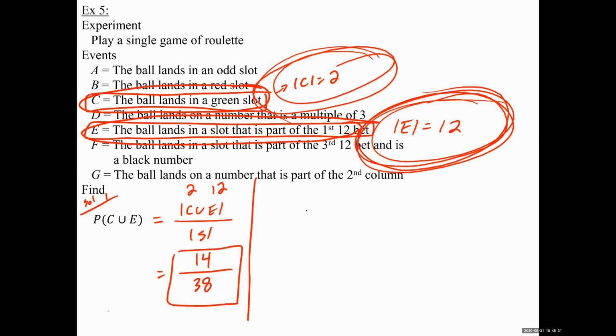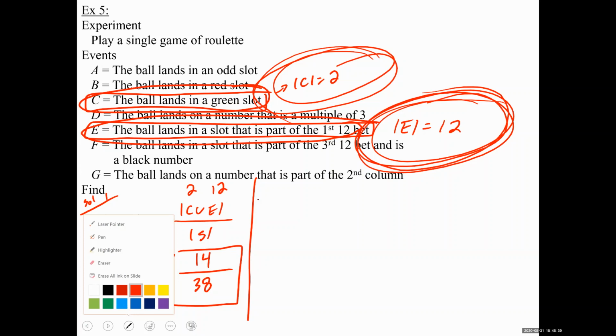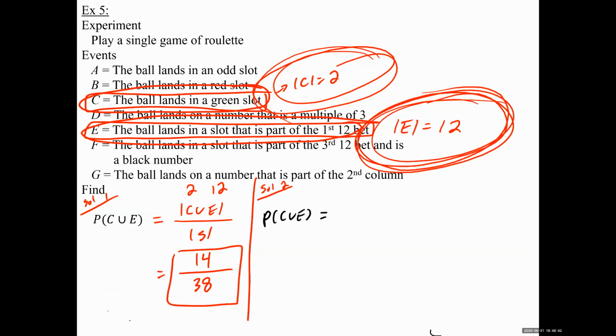All right, let's do it the other way. So the second way of doing it is if I use the OR formula first. Instead of the absolute value formula, we do the OR formula first. So I have to know which OR formula to use. I have to know if the events are disjoint. So you first ask yourself, is there something in both? You ask the opposite question first: is there a slot on the roulette wheel that's both green and also part of the first 12 bet?